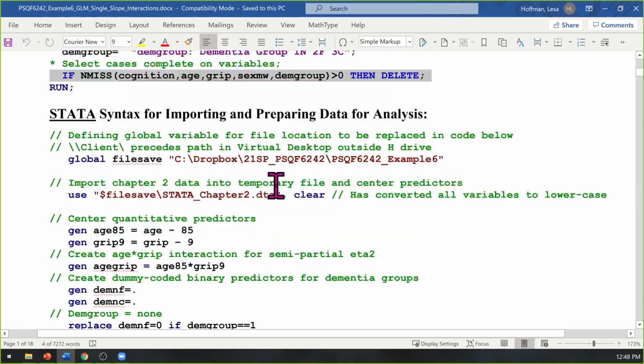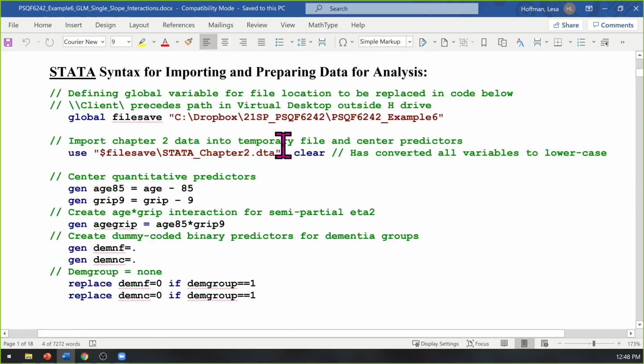Stata code. Yes, I did do a Stata data set. So that's what I thought I had. So in Stata, I am using the same file save convention to create an abbreviation that I can use anywhere in the code. And because I'm importing a Stata data set directly, rather than import, it's the command use.